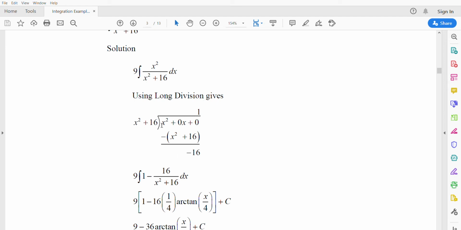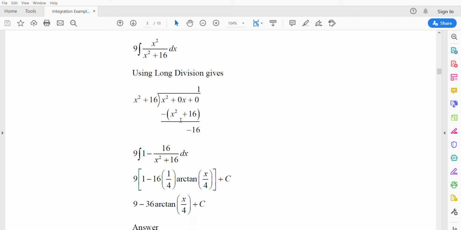And then when I subtract this, x squared minus x squared goes away, and then 0 minus 16 gives me a negative 16. So this fraction, x squared over x squared plus 16, can be rewritten as a 1, my quotient, minus, because it was a negative 16, 16 over x squared plus 16, my divisor.